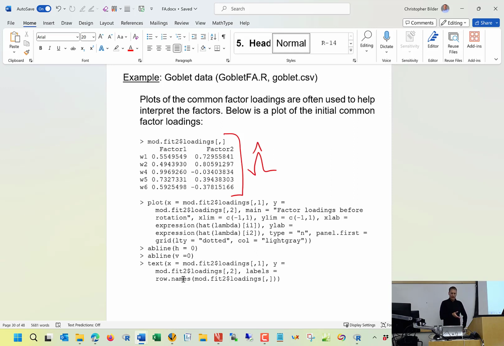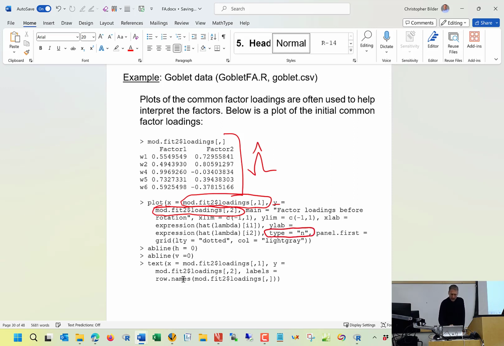For my x argument for plot, I'll just take that first column, which will correspond to the first factor. The y-axis is going to be my second column of the factor loading matrix. I'm going to say type equals n.